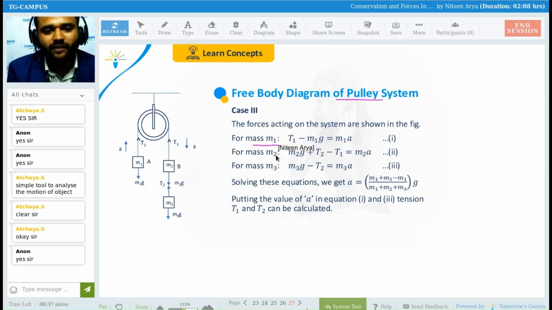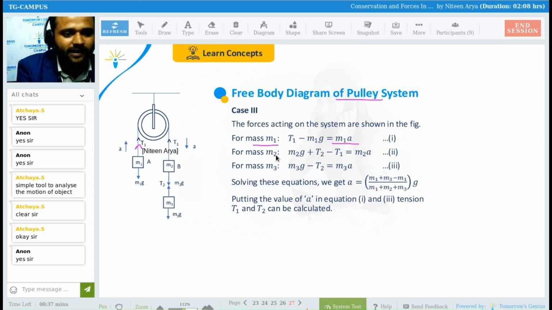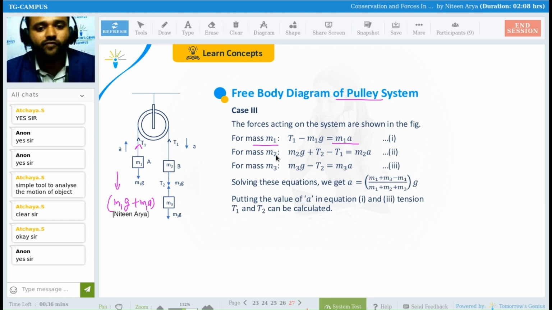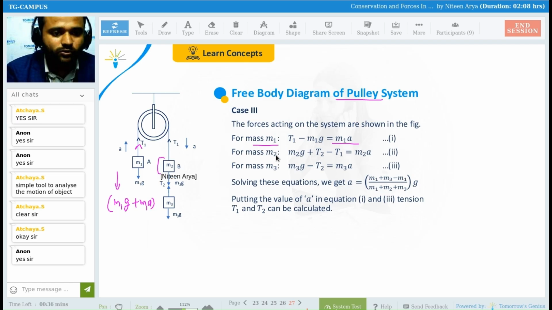For mass M1, T1 minus M1g equals M1a. Fair enough. Tension T1 is M1a plus M1g. Clear? Means tension in the upward direction and M1g plus M1a in the same direction. For mass M2, M2g plus tension 2 minus tension 1 is equal to M2a.